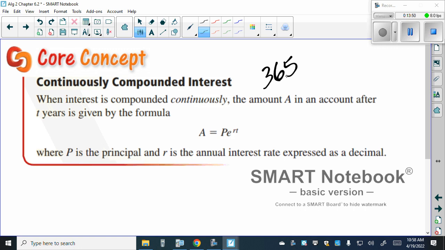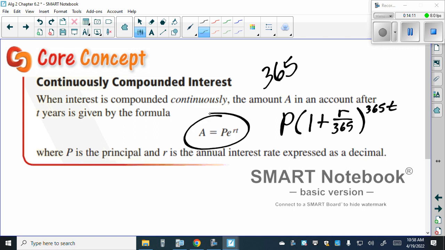The formula that we had yesterday, P times 1 plus r over n to the nt, is using this formula, but n in this case is 365 days a year, every day. So this is a little bit easier way to calculate it. But we're not going to delve too far into this. But this is one calculation that we can do for interest.